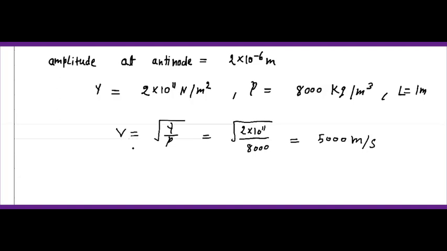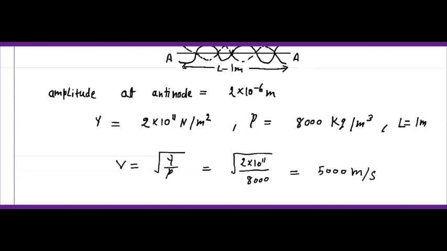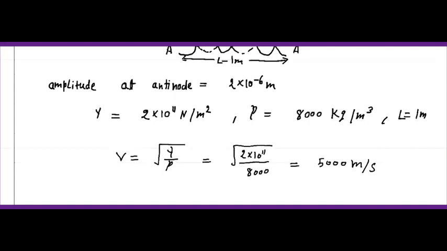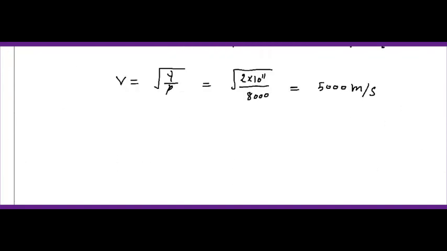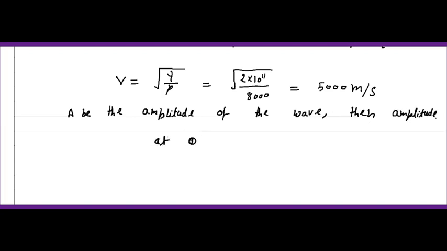Then the amplitude at the antinode is 2A, and the antinode amplitude is given as 2 into 10 raised to power minus 6 meter.